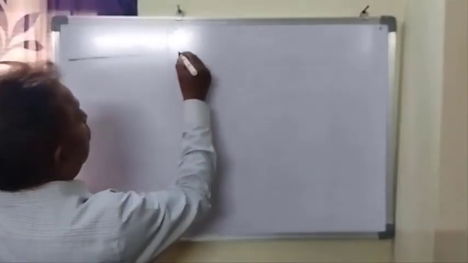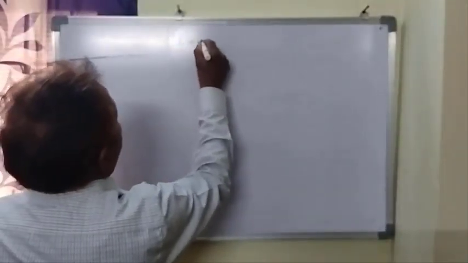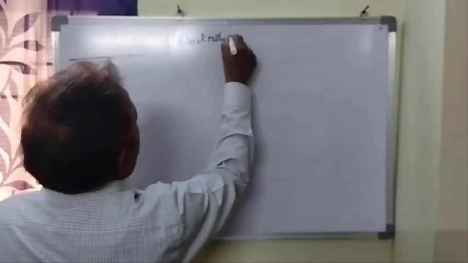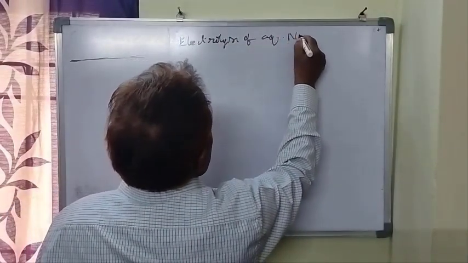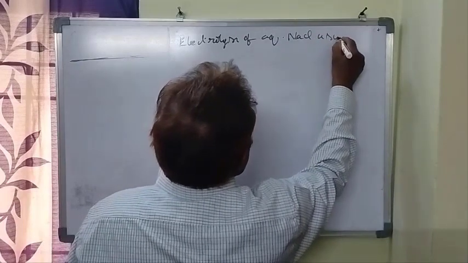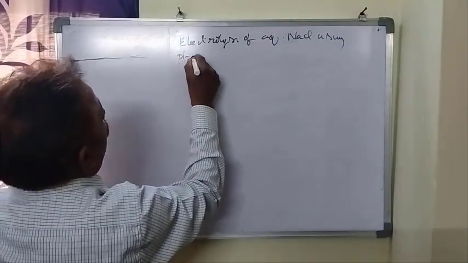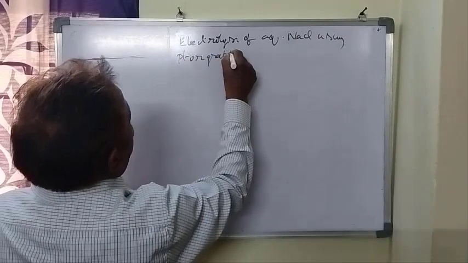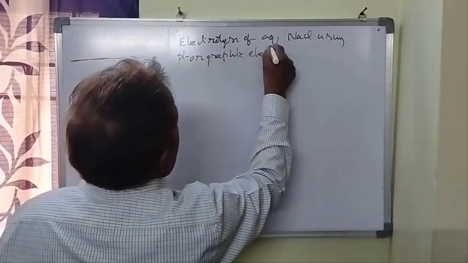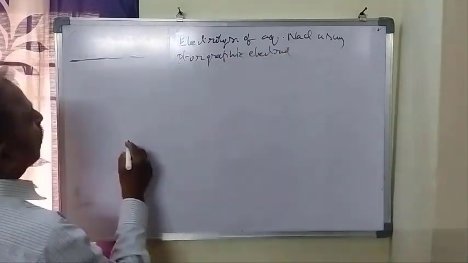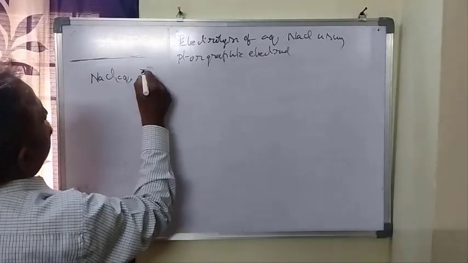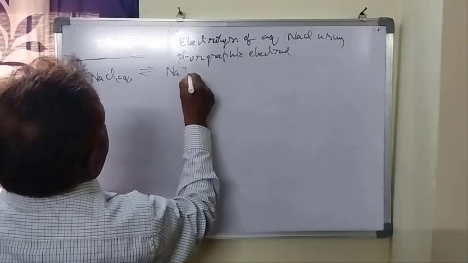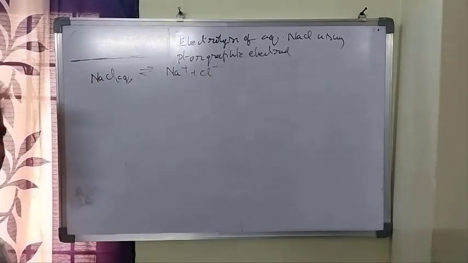Right. Therefore, electrolysis of aqueous sodium chloride using platinum or graphite electrodes. Now, aqueous sodium chloride dissociates into Na+ ions and Cl- ions.